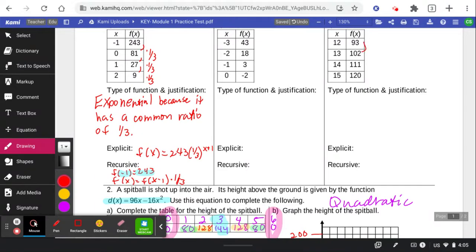Okay, I'm going to jump here to the end because this one's a little bit quicker. You'll notice this one is adding 9 each time.